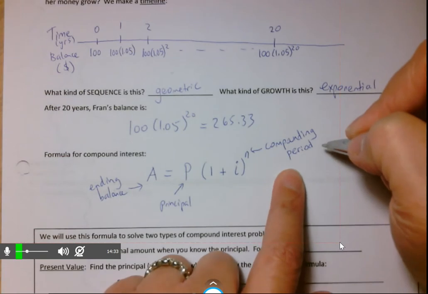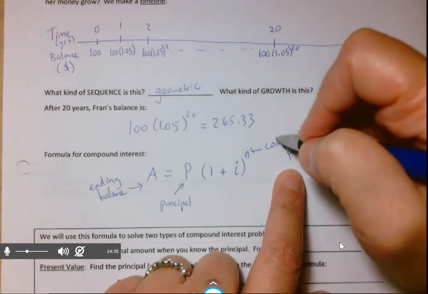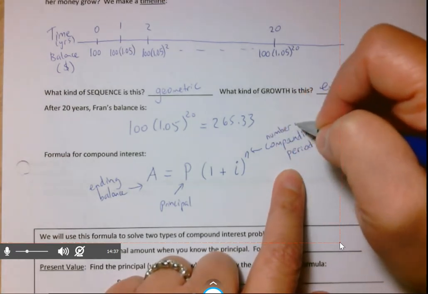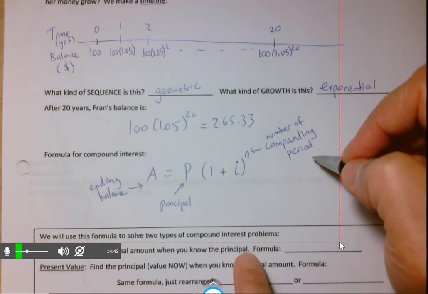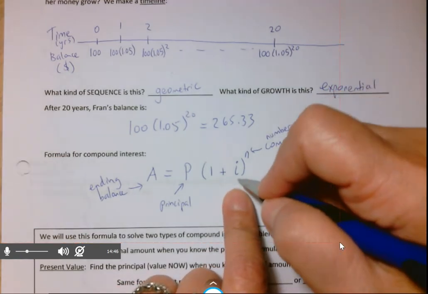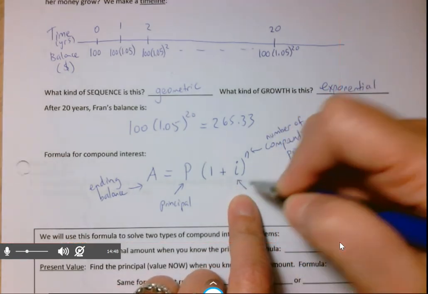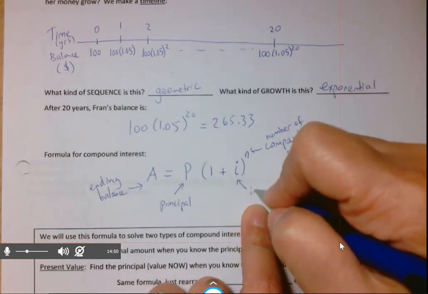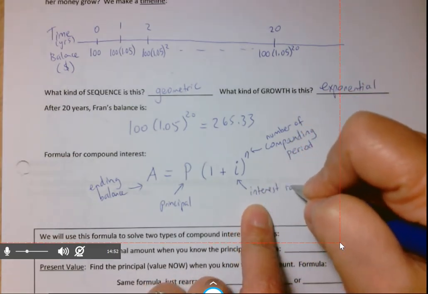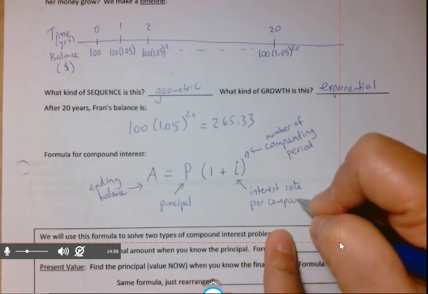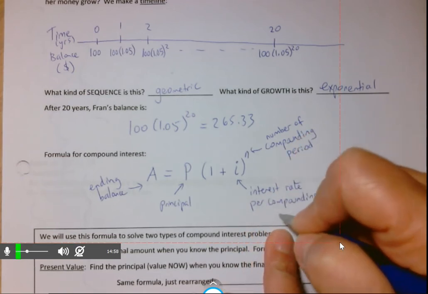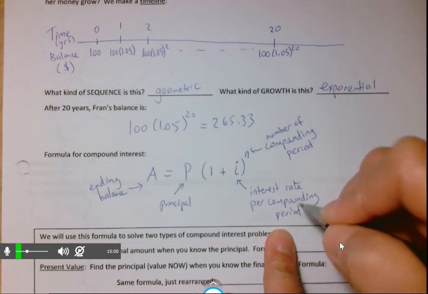It means every year she earns 5%. So this is the number of compounding periods. But compounding periods may not be a year. They may be shorter, which I'm going to show you in the chart below. So the I is not the annual interest rate, it is the interest rate per compounding period. It's not the interest rate for the year, it's the interest rate for the compounding period.